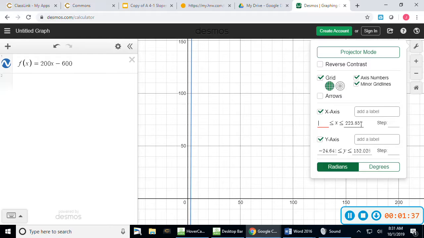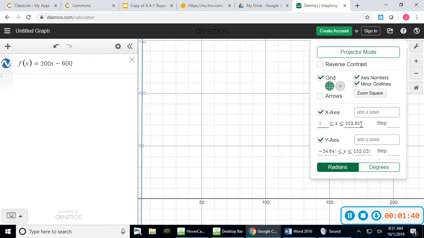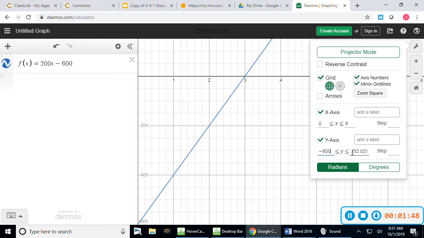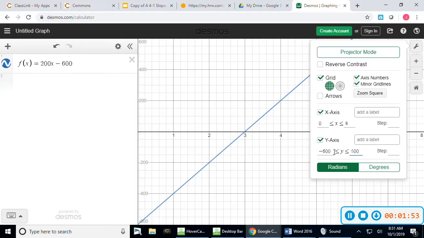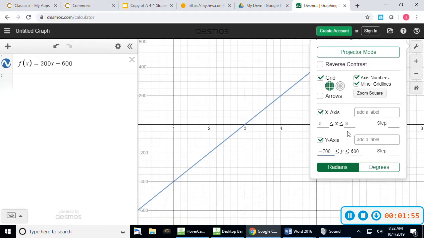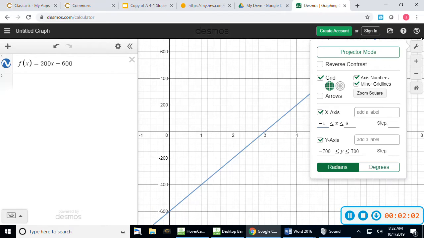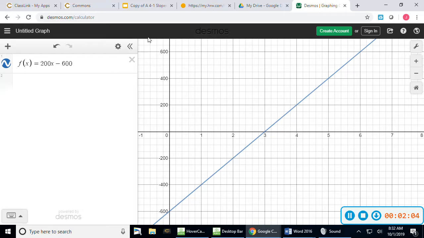My x values go from 0 to 8, and my y-axis values go from negative 600 to positive 600. Actually, let me change this to 7 and 7, and change this to negative 1. Right here I have the function graphed, and you can get the points from the graph if you wish.